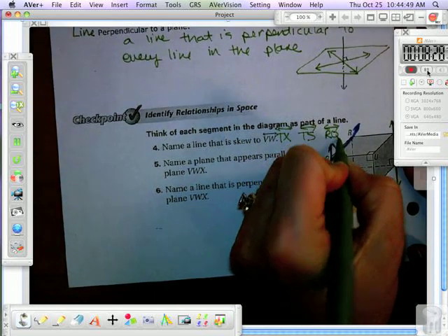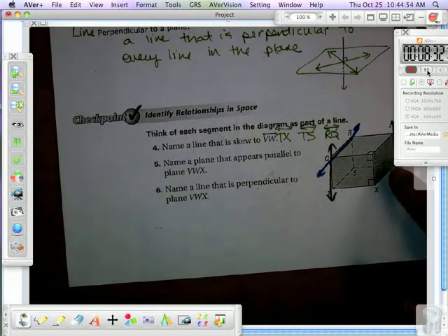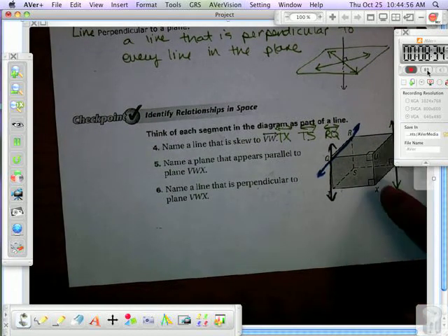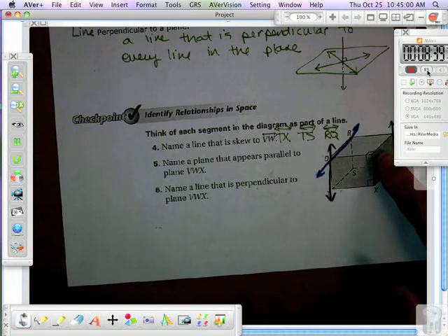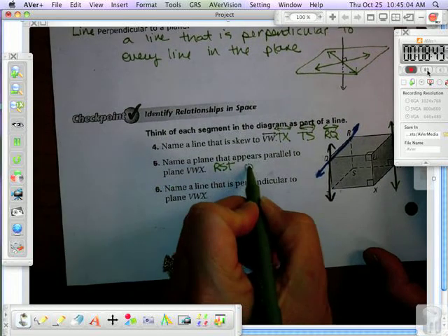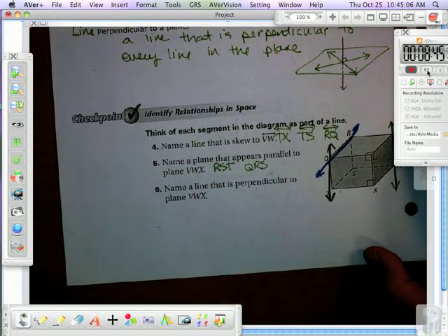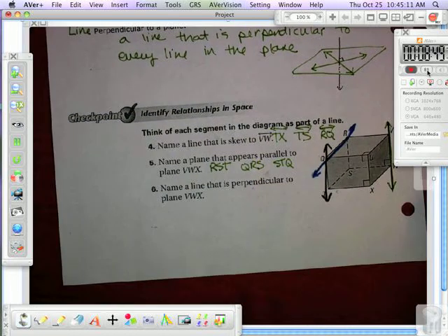Okay. Name a plane that appears to be parallel to VWX. Now remember, you name a plane with 3 letters. What is parallel to VWX? Yeah, there's only one. It's RST, or you could name it QRS, or STQ. This is all the same plane. You can name it 3 different ways.